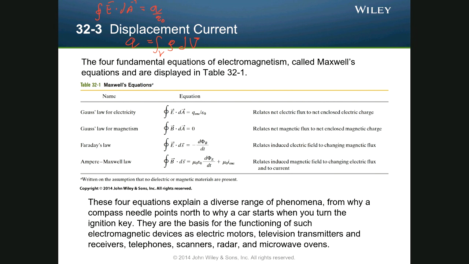This would actually be a triple integral. But you can write it this way. And this is a constant charge density.